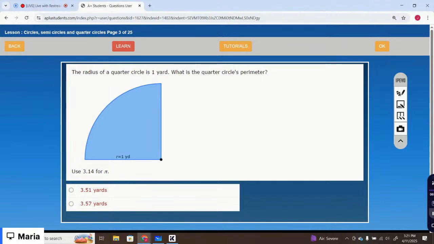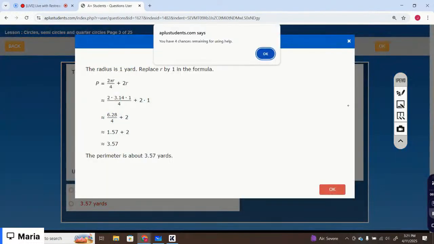The radius of a quarter circle is 1 yard. What is the quarter circle's perimeter? We need to calculate the quarter circle perimeter. The perimeter equals 2 pi r over 4 plus 2r.